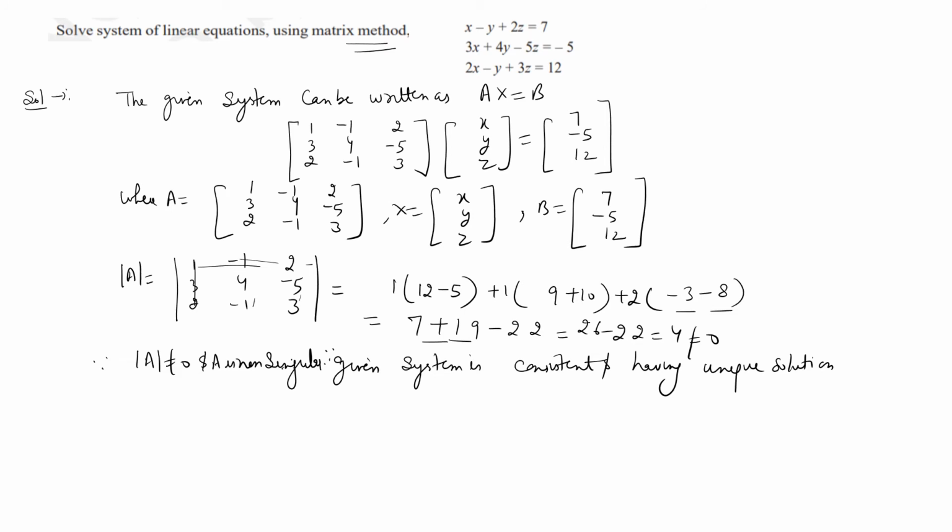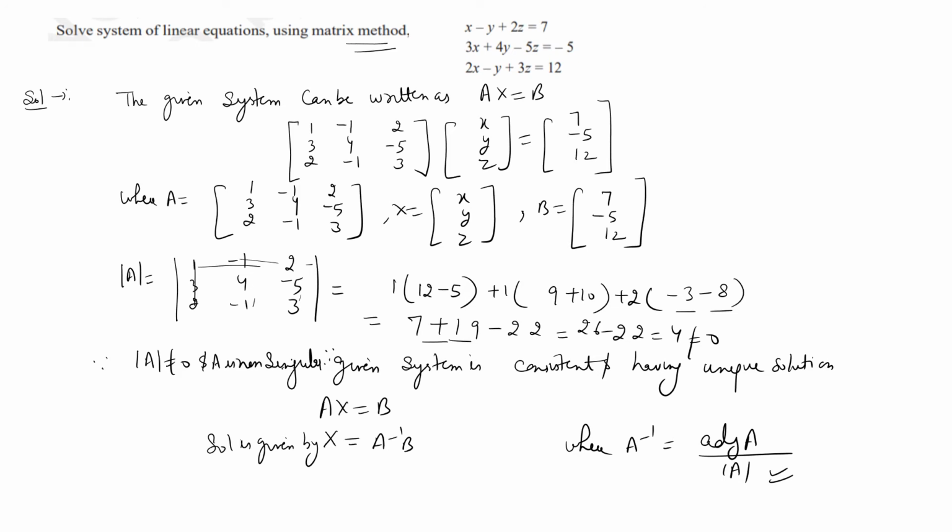So in this case, our system is of the form Ax equal to B. So the solution is given by x is equal to A inverse B, where this A inverse can be calculated by using adjoint A divided by determinant A. We can divide by determinant A as it is not equal to 0.